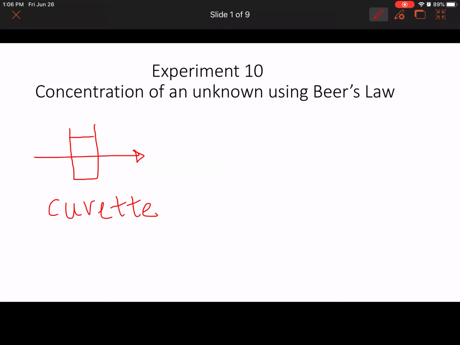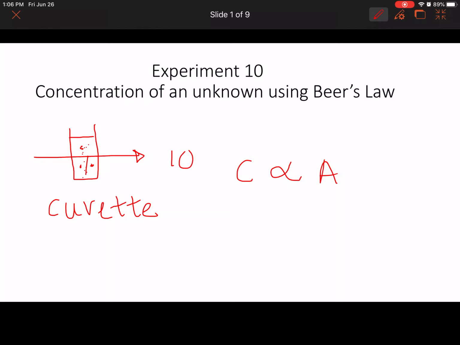For example, if you have 10 dye molecules present, the amount of light absorbed is going to be 10 photons. And if there are 100 dye molecules, it will absorb 100 photons. So in other words, concentration is directly proportional to the absorbance of the light.